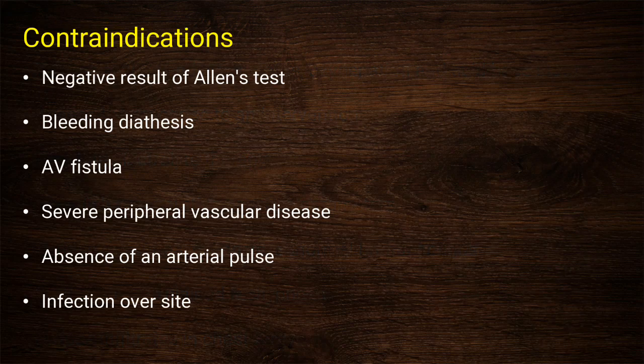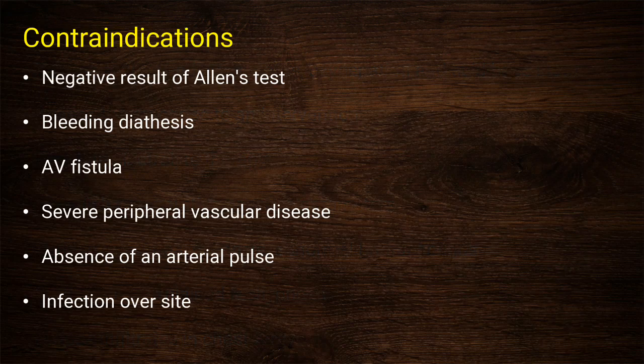Contraindications of ABG analysis are negative results for Allen's test. This is the test we usually do before we draw the blood sample from the radial artery by occluding the arteries. If the result of the Allen test is negative, we don't do ABG analysis.